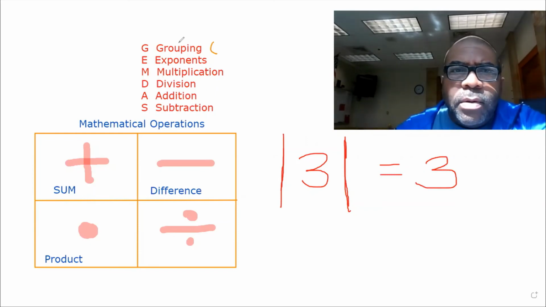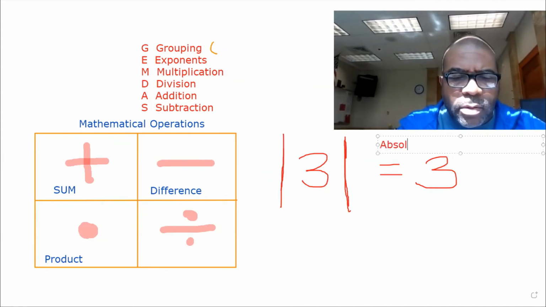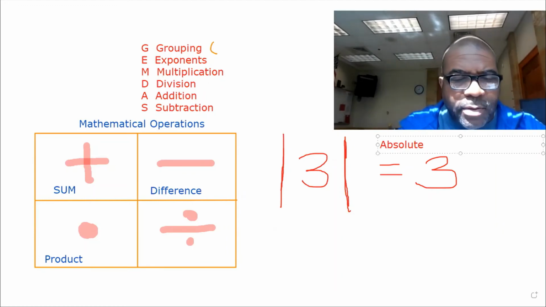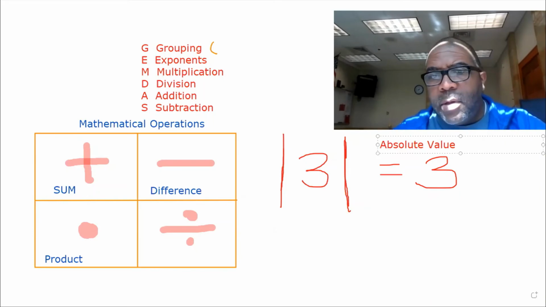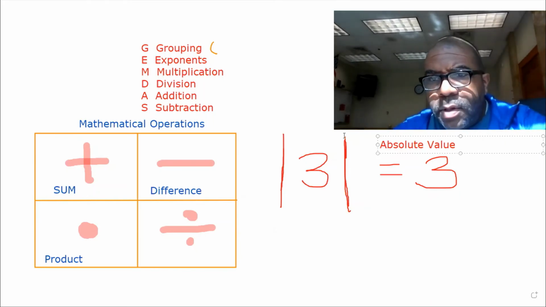Absolute value means it always has to be a positive number. That's the absolute value of 3.